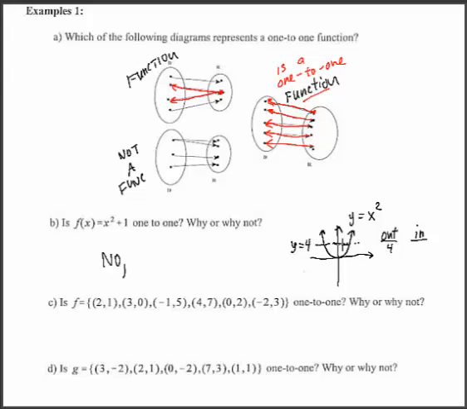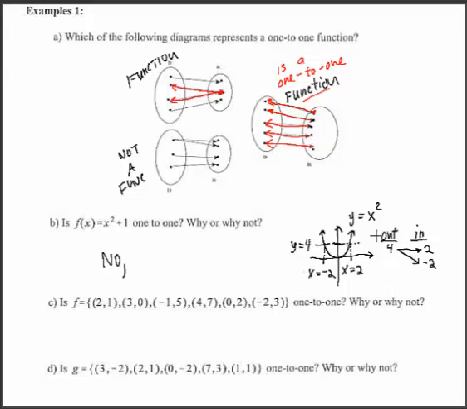We could draw a horizontal line out from y equals 4, and whenever we hit the curve, we trace our way back down to the x-axis, and you see we hit in 2 points. That is because if I plug in a 2 or a negative 2, I get 4. So this output has 2 inputs. It is not one-to-one.